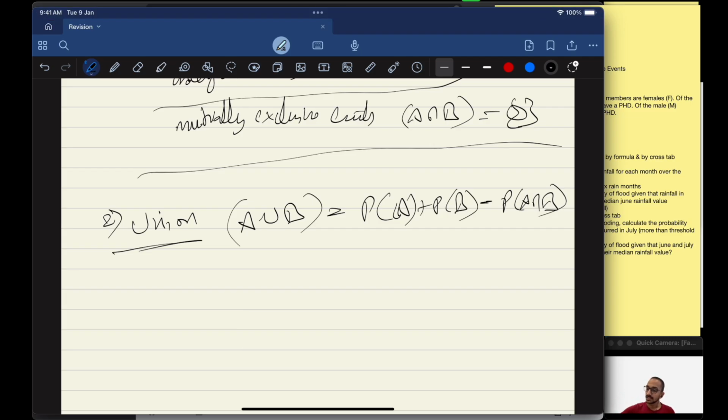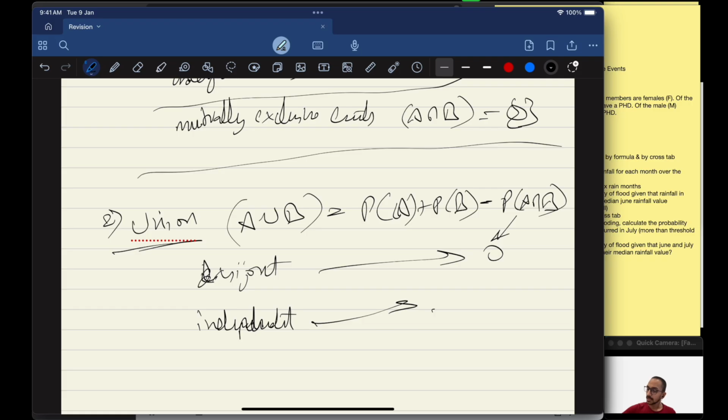So again, if it is a mutually exclusive or disjoint event, then A intersection B will be 0. And if it's an independent event, then this will simply be minus P of A into P of B, right?